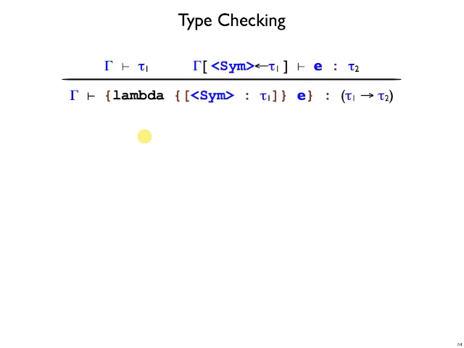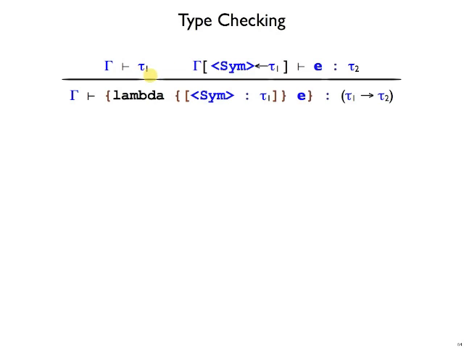In particular, we have to adjust our rule for functions to do most of the usual thing, right? In the body E, the identifier, that is the argument to the function, will have type tau1, as long as tau1 is an okay thing to write. So the new part of this rule says make sure that tau1 is an okay thing to write.